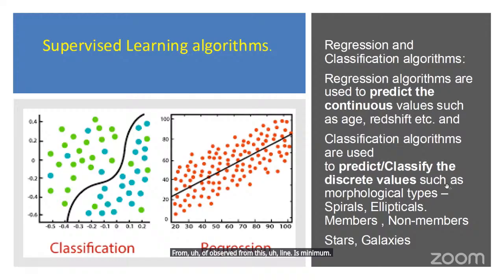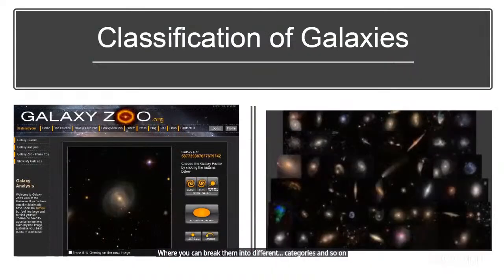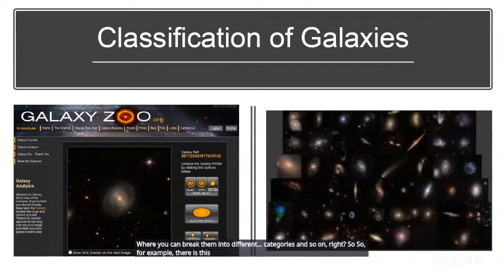While classification applies when the data is discrete, where you can break them into different categories. For example, there is this Galaxy Zoo project, which any one of you can participate in.